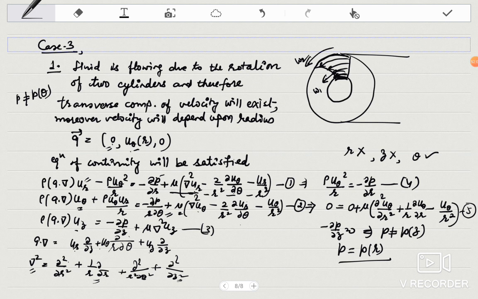We will proceed with equation 5, and equation 4 will be used to find the pressure distribution. Once we get u theta, we just put it here and get the pressure distribution. So we will take equation 5 to get the velocity distribution.